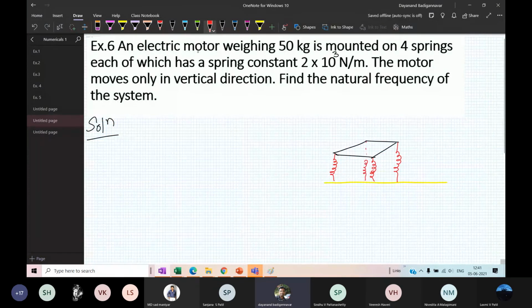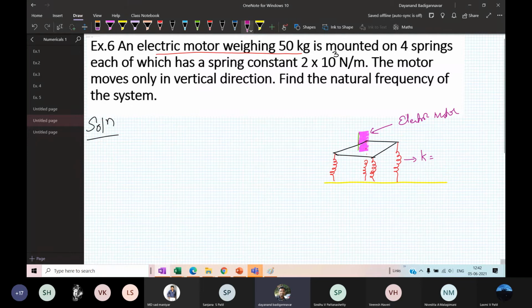An electric motor of 50 kg is placed here. This is the electric motor, and it is vibrating. Here the spring constant is K. They are connected in some parallel form.